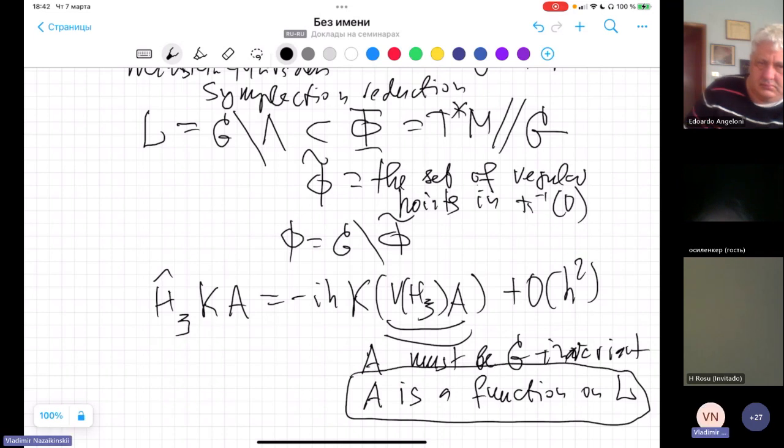So if A is a function on L, then we can define the canonical operator on this function, and it will be invariant modulo O of h square with respect to the action of G. If we intend to obtain a canonical operator which is invariant precisely, then we can just average over the action of the group G. The result will differ by O of h square from the original function, but this function will be exactly invariant.